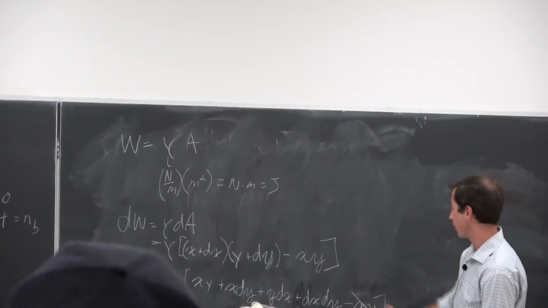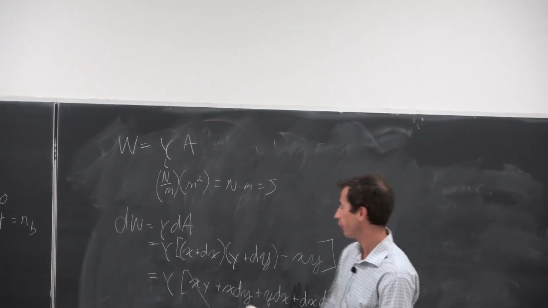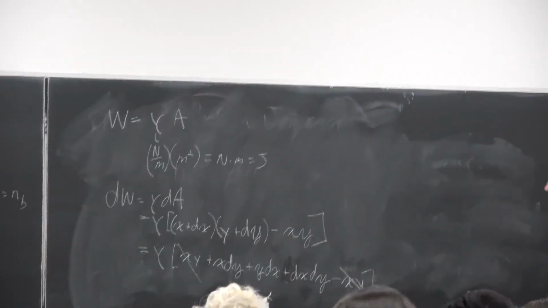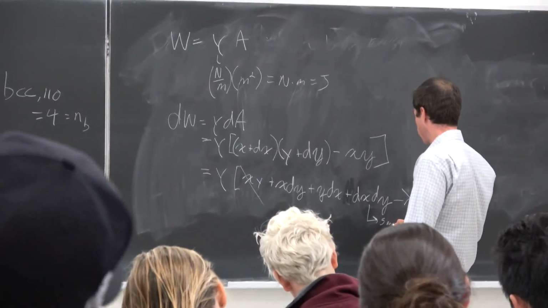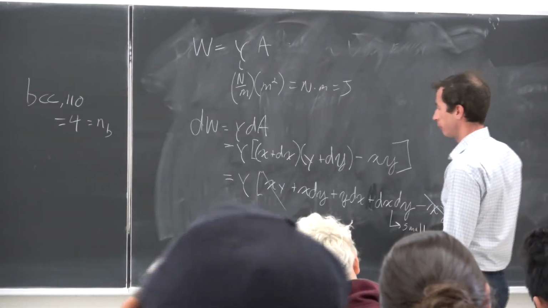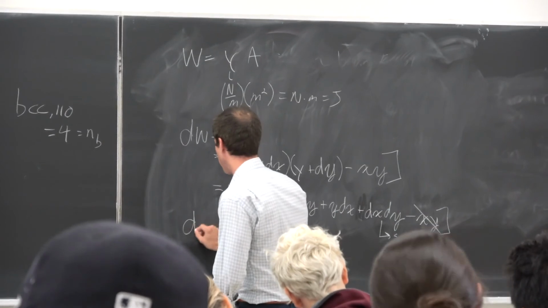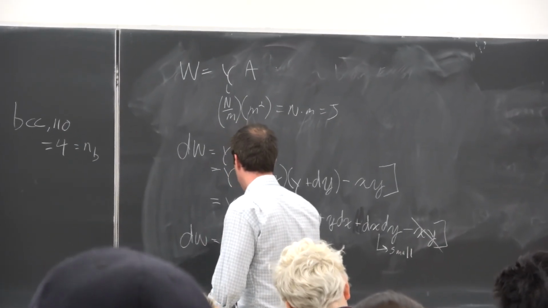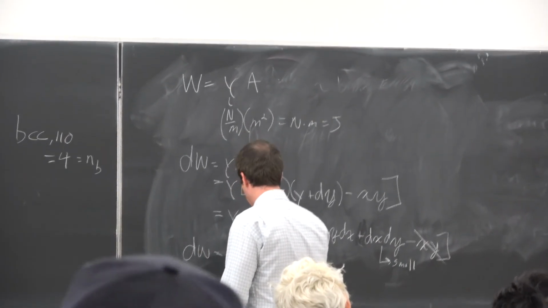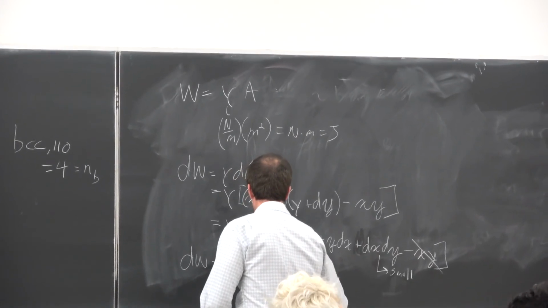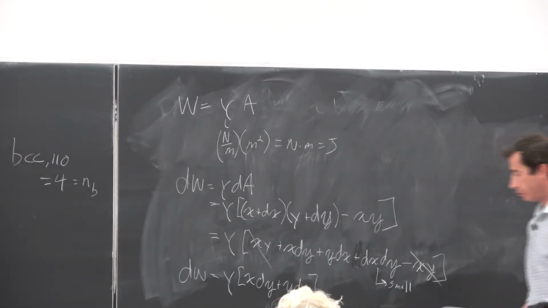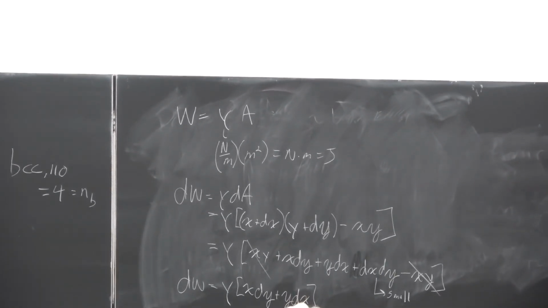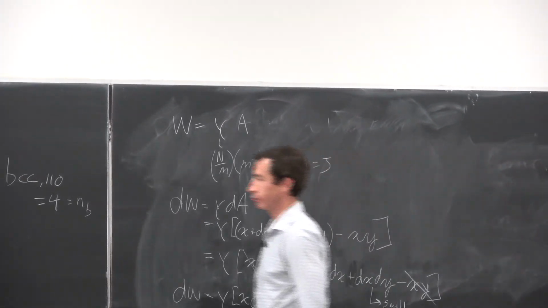Okay, and we can see that this cancels. And what do you think we can assume is small? dx dy we can assume is small. So then our change in work is going to just be this, x dy plus y dx. Okay, we'll come back to that.